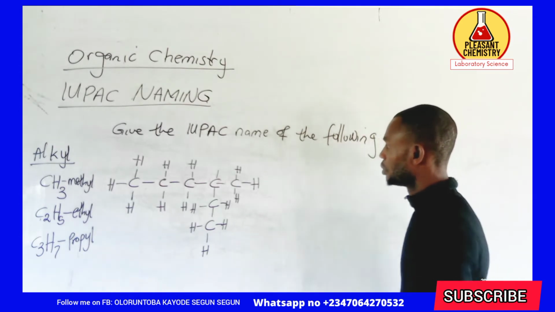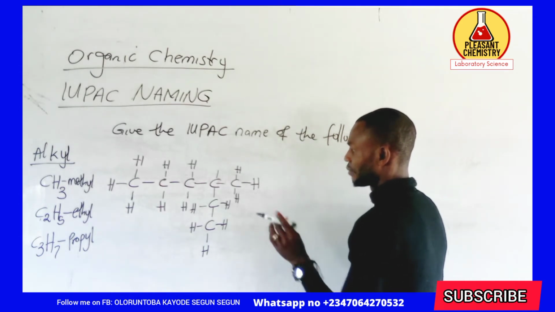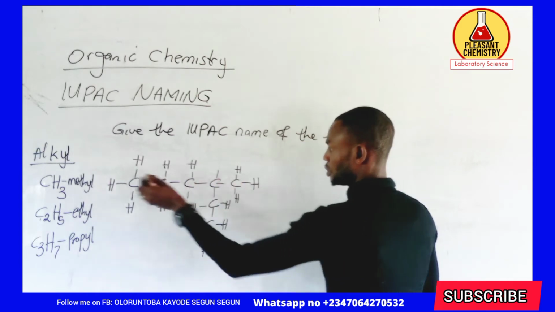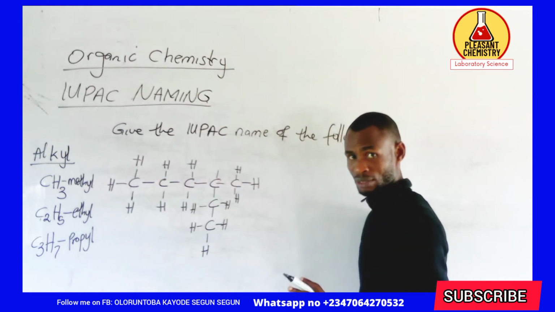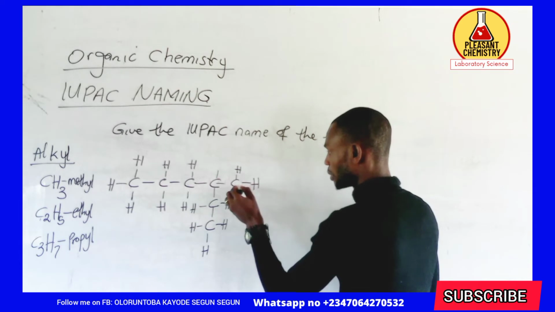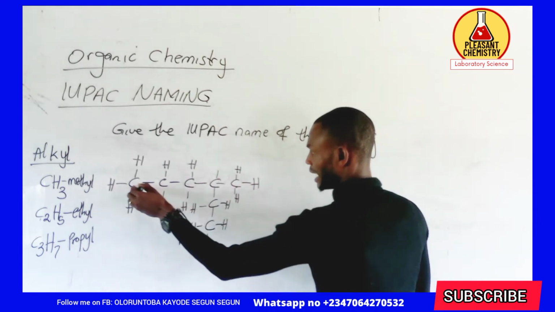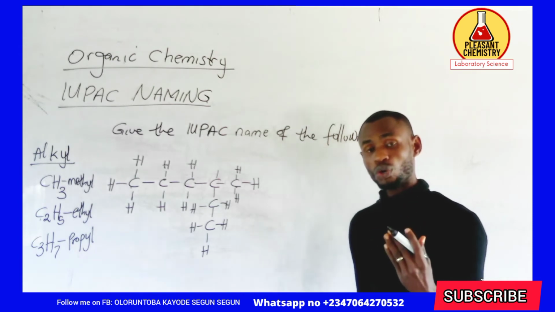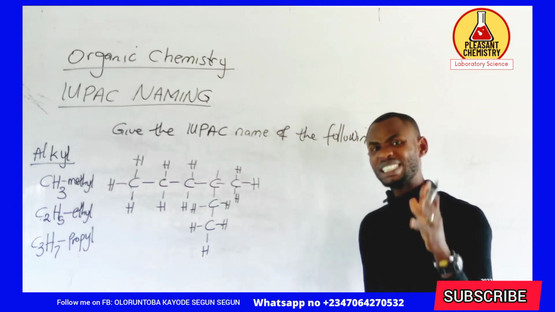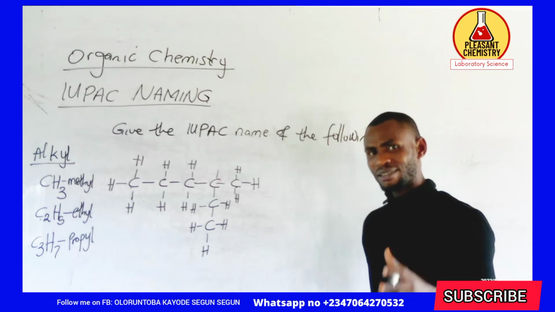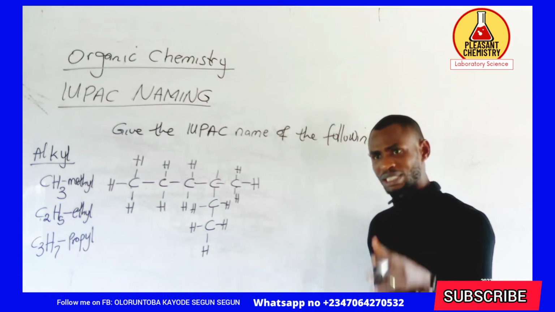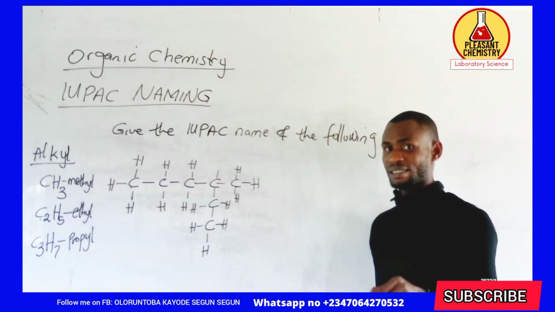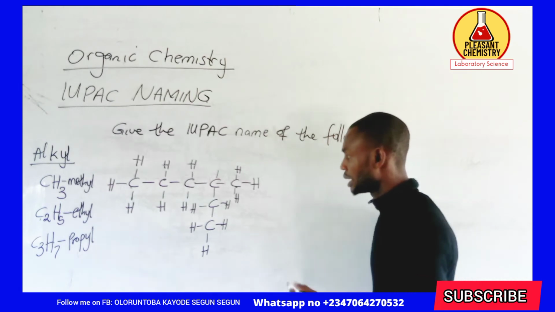We can count from this place to this place. We will count in a regular manner, not anyhow. Before you determine your parent carbon, it must be the highest number. The carbon chain that you are counting must be the longest in that compound. Now this is what I mean.